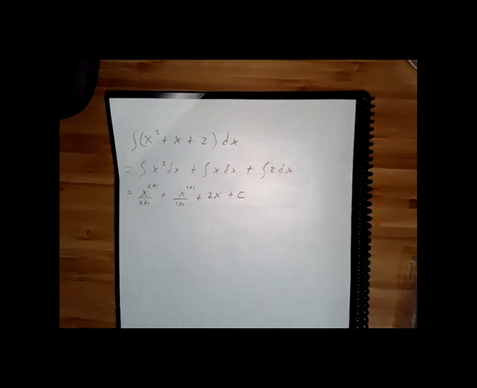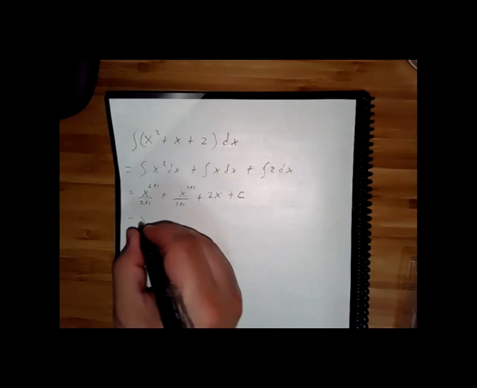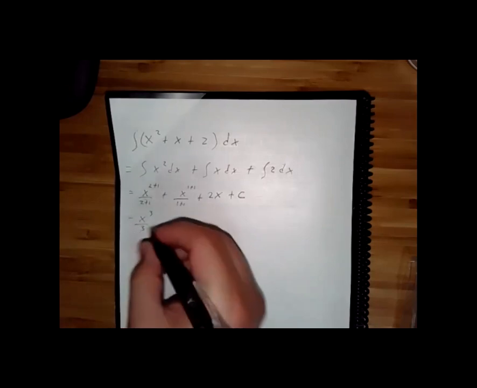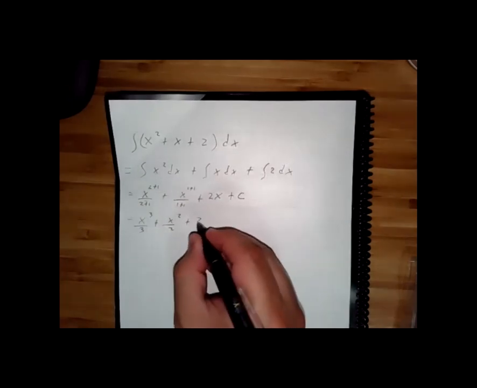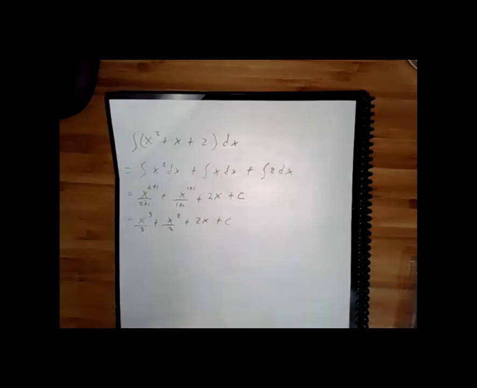Does that make sense? Yes, sir. I forgot about that rule. So that gives us x cubed over 3 plus x squared over 2 plus 2x plus c.